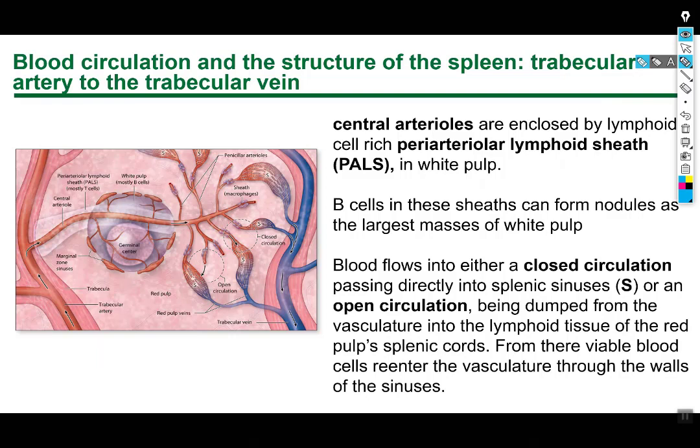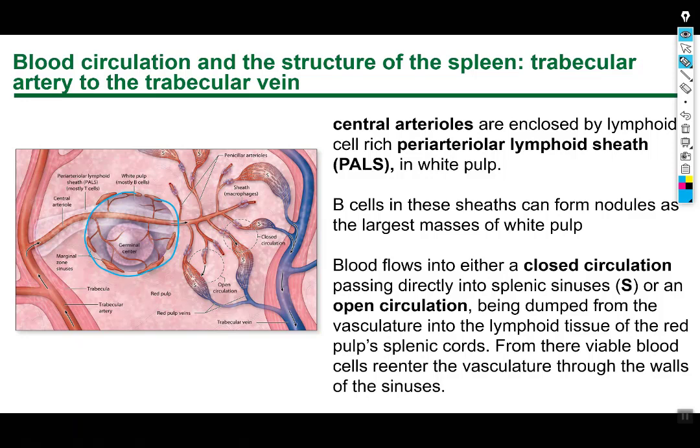Fun word to say. Say that 5 times fast, I dare you. So think of these as a bunch of cells that are looking into the central arteriole and watching what is there. B cells in these sheaths can form nodules, which is what this white pulp nodule right here is trying to show you.